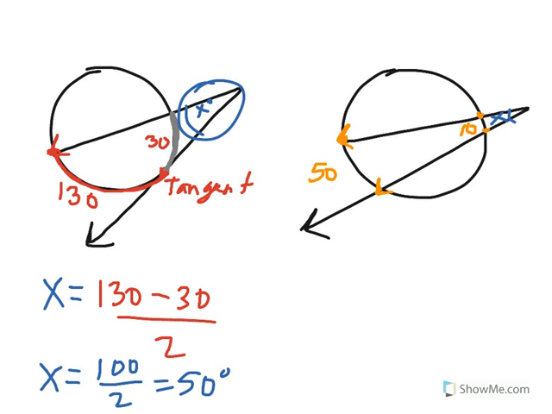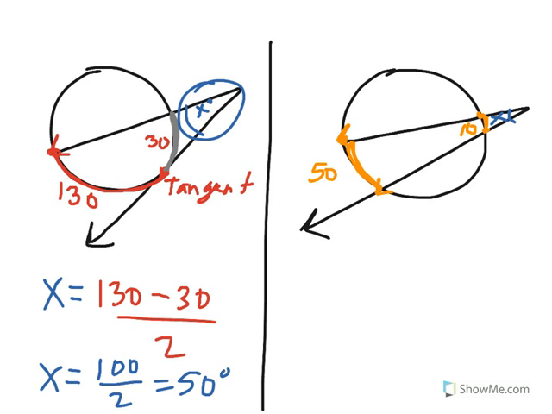Now that same relationship happens over here on the right. The only difference is we don't have a piece of the angle that's tangent to the circle. All we have is the angle cutting right through the circle in two places, but we can still look for the same relationship. This arc right here is 50, and this arc right here is 10.